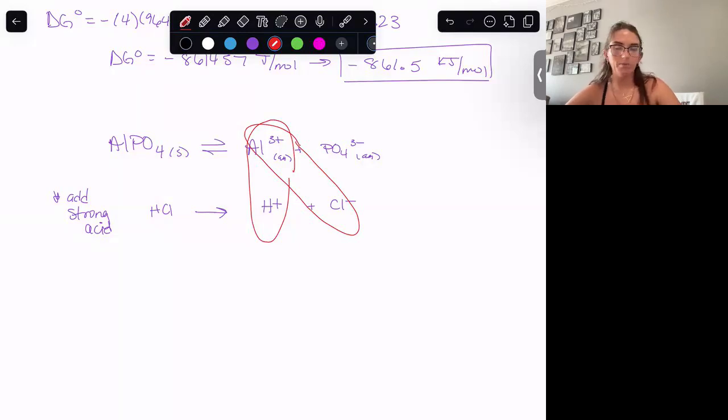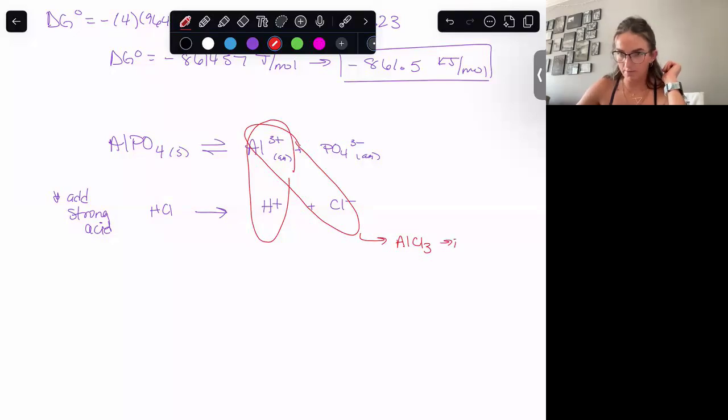Those could pair up, but what do we form? If we form aluminum chloride, this is AlCl3. What kind of compound is that? Is that ionic or covalent? This will be an ionic compound.